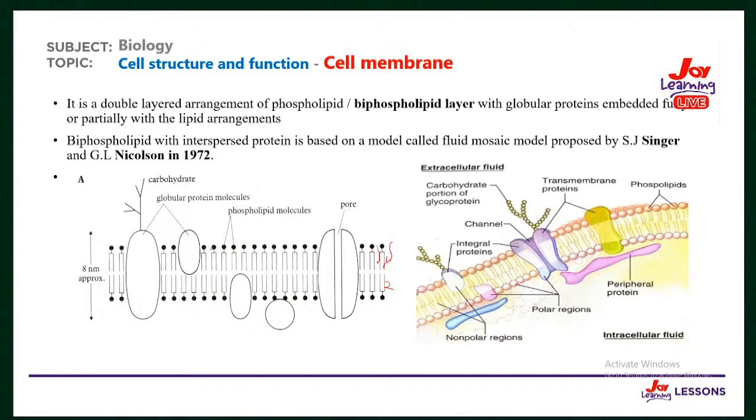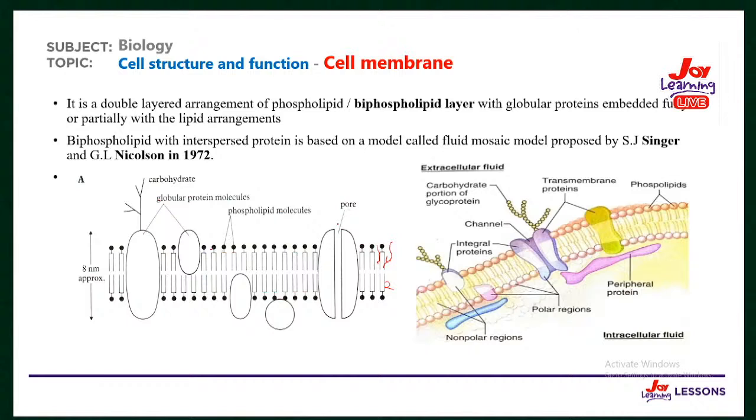The main thing is that this pore can decide to close, not allowing something to pass through. Or if the thing is too big, it can't pass through. So we say that it regulates the passage of substances in and out of a cell.